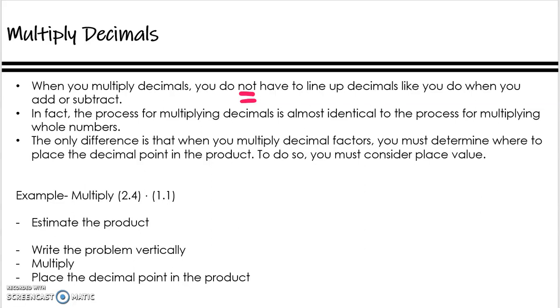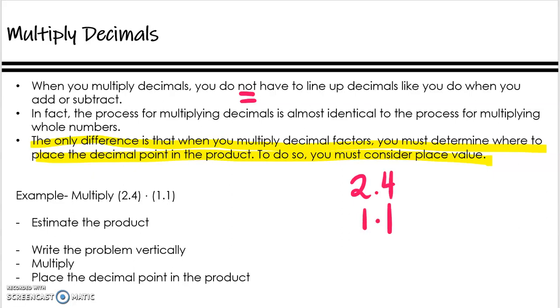So you can multiply decimals just like you multiply whole numbers. The only difference is here at the end. When you multiply, you must remember and determine where to put the decimal point in the product, okay? So let's say we're doing 2.4 times 1.1.